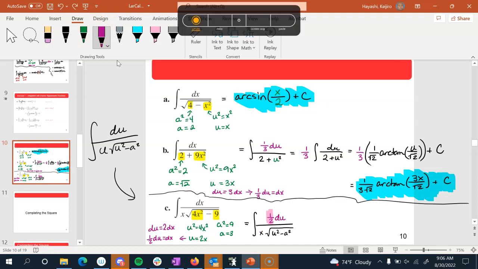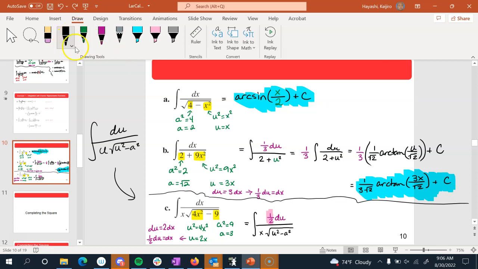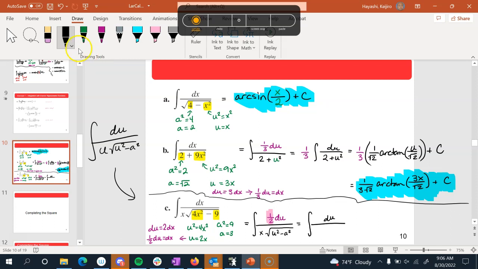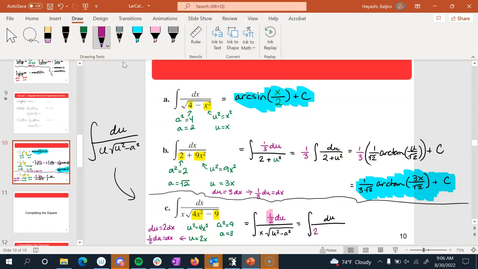So another way to think of it is that by having this 1/2 up here, you're multiplying by 1/2, which is equivalent to dividing by 2. So a 1/2 on the top, you can put a 2 on the bottom instead. So you're simply going to have du on top over 2x times the square root of u squared minus a squared.